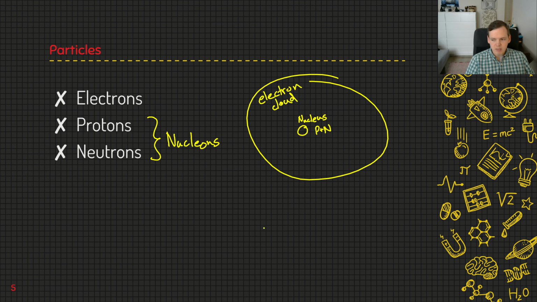And the scale here is pretty crazy because the nucleus has 99.9% of the mass, so almost all of the mass. I think it might even be higher than this. But the nucleus takes up a tiny, tiny, tiny fraction of the atom. So the atom is approximately 100,000 times bigger than the nucleus.